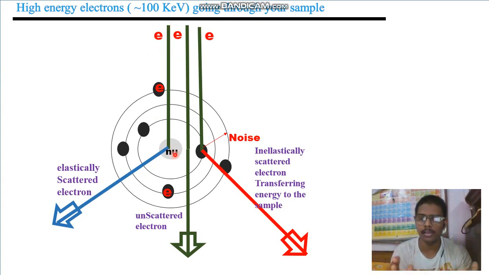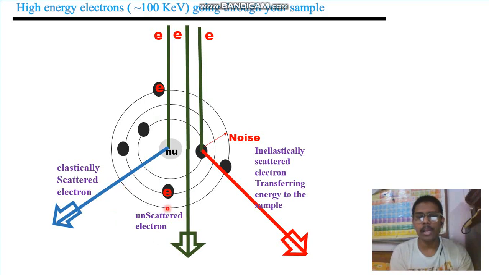So in elastic scattering there is no change in speed or energy of the electron, only the direction of the electron beam changes. This is the type 2 interaction.